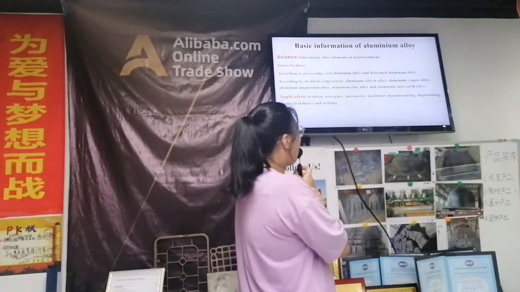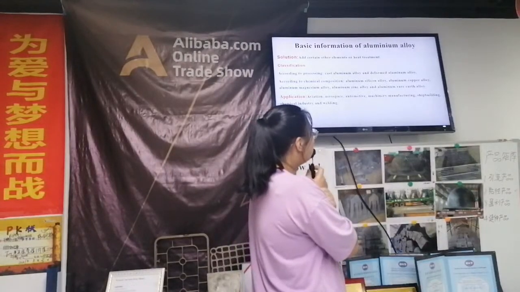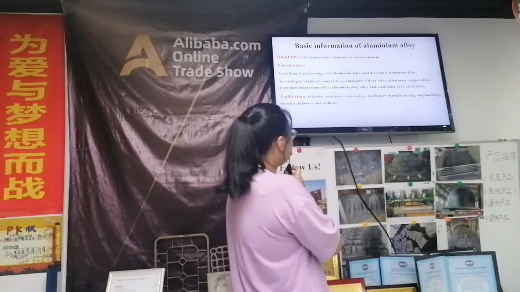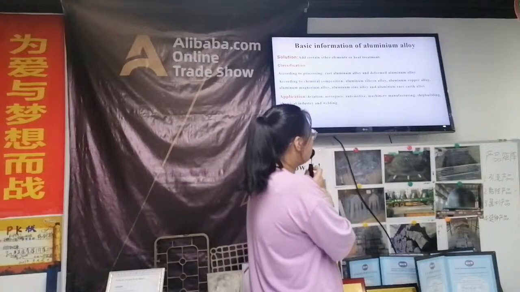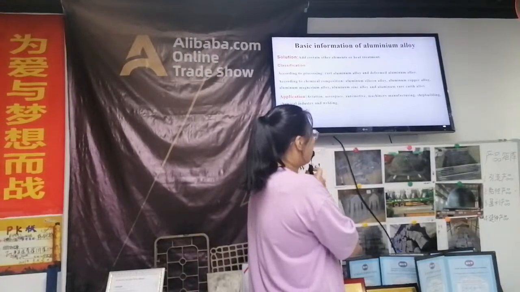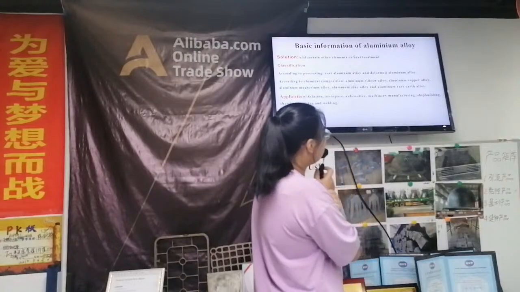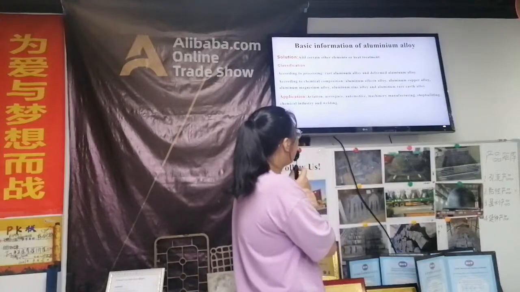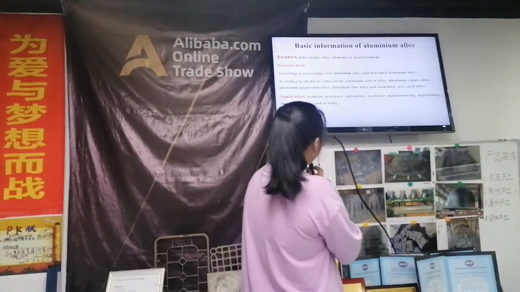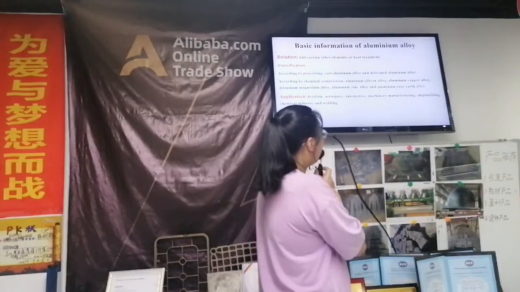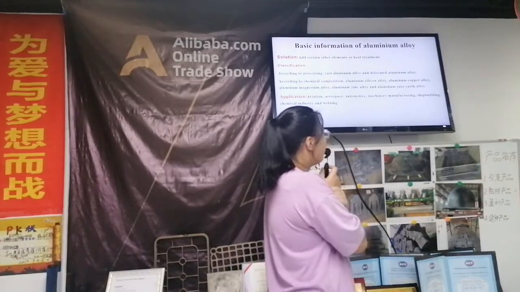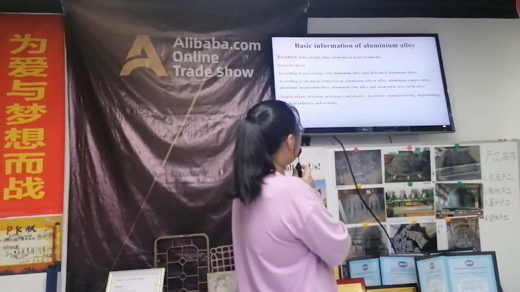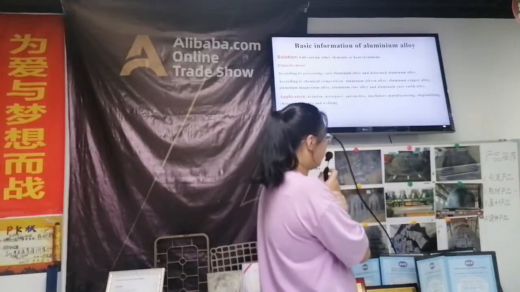According to chemical composition: aluminum silicon alloy, aluminum copper alloy, aluminum magnesium alloy, aluminum zinc alloy, and aluminum rare earth alloy. Application: aviation, aerospace, automotive, machinery, manufacturing, shipbuilding, and chemical industry and welding.